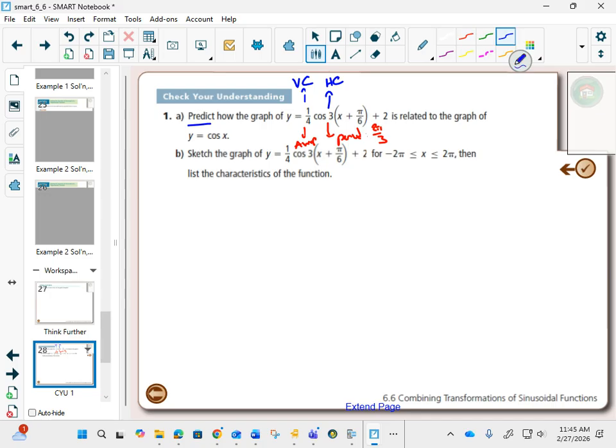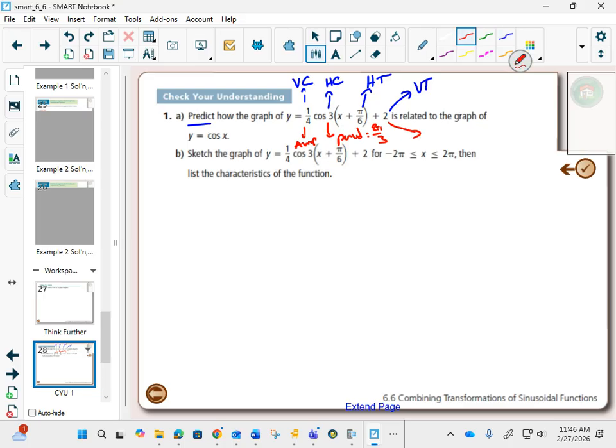Okay, the pi over 6, that's going to be a horizontal translation. Sometimes in this unit they talk about phase shift. I don't know where they come up with these words, but it's another thing moving things left and right. So that one I'm only going to write the blue part. And this last one, this is a vertical translation up.